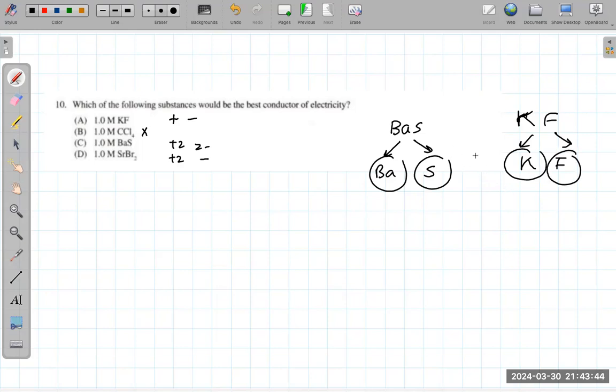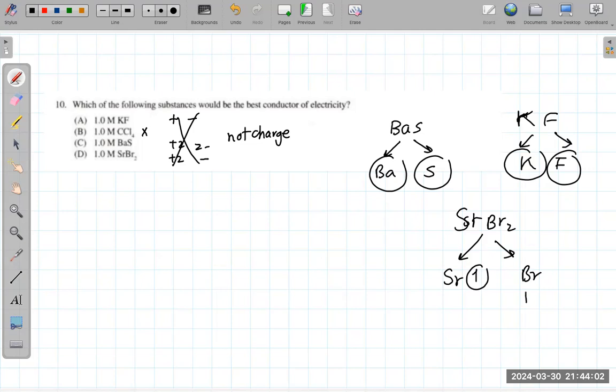As long as you are conducting electricity, it is also related to the number of ions, so the number of ions makes the difference actually, not the charge. So I have SrBr2, which gives me one Sr and 2 Br.